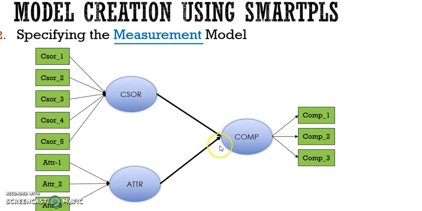This measurement model is called a reflective measurement, and the other one, where the arrows go from the indicators to the construct, is called a formative measurement model.